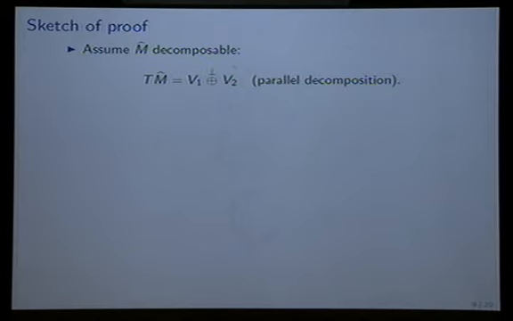So let us assume the cone is decomposable, and then we have a decomposition of the tangent bundle into two parallel orthogonal non-degenerate distributions, V1 and V2. This is exactly what it means to be decomposable.